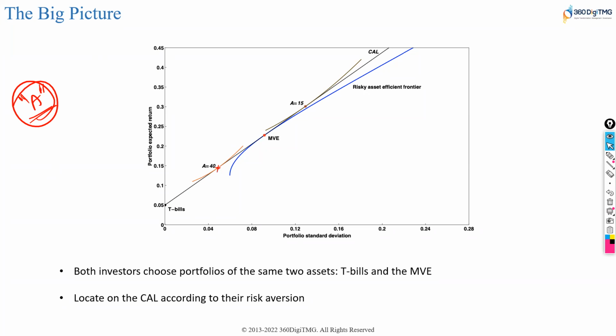So you're more inclined towards risk-free if you're very close to it. Here you have A equal to 50, that guy would lie somewhere here on the mean variance efficient frontier.